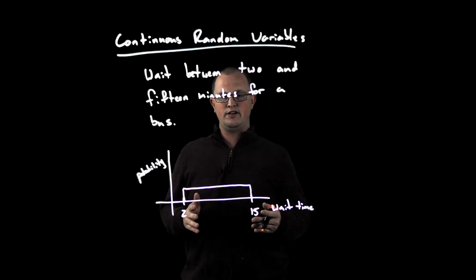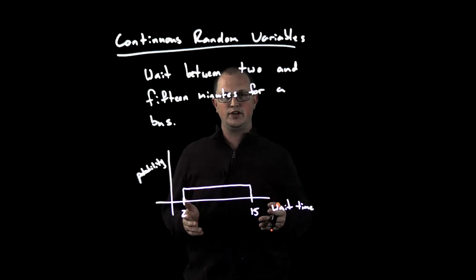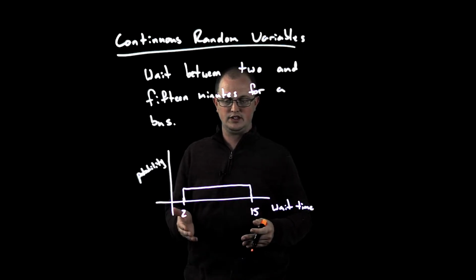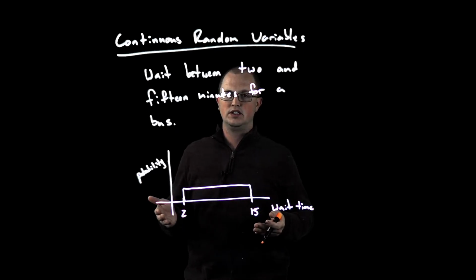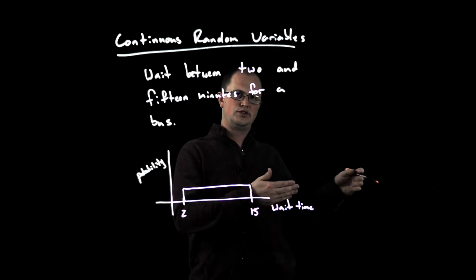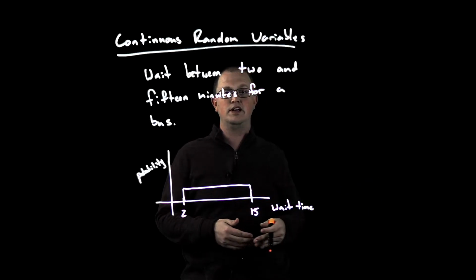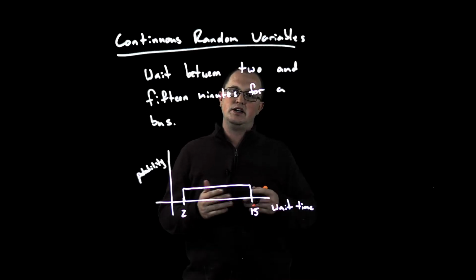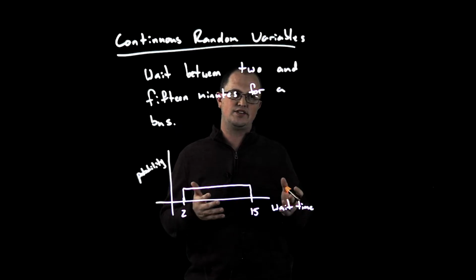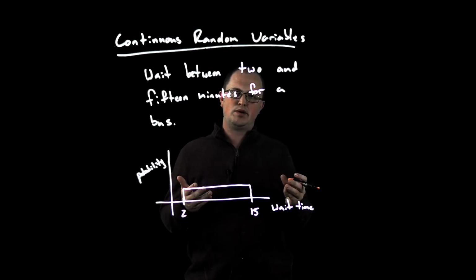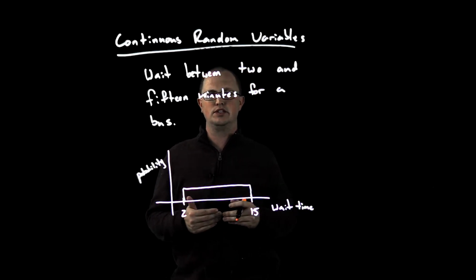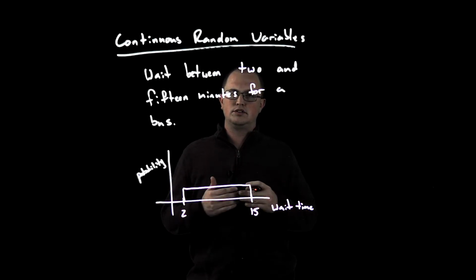But that quickly breaks down if we try to do that for a continuous random variable. Because between 2 and 15, all of the different times that we could wait, there's an infinite number of those. Saying I waited 10 minutes is saying I waited exactly 10.000000 minutes and not 10.001 minutes or 9.997 minutes. And so with an infinite number of outcomes, we have to ask ourselves, how do we assign probabilities for those? Because no matter how little probability you put on each one of those outcomes, there's an infinite number of them.